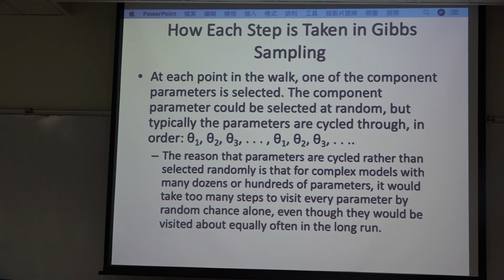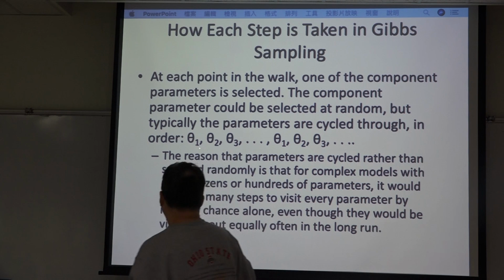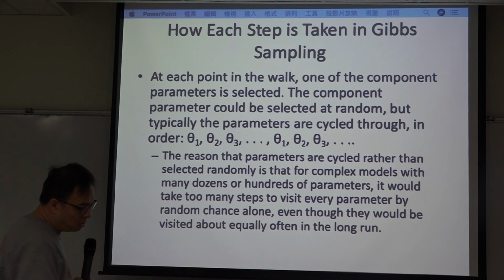Even if you run it for many rounds and select theta i at random, all the theta i's will be selected roughly an equal number of times, but it will not be as guaranteed as when you use the order theta 1, theta 2, theta 3.